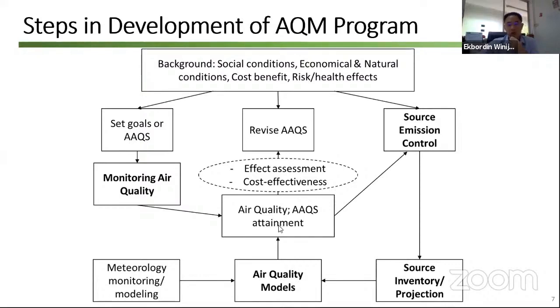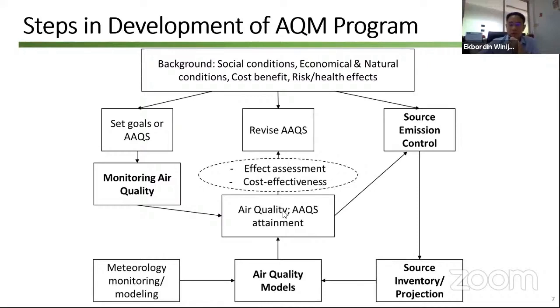Then you check whether it can attain the ambient air quality standard or not. And if it has already attained the ambient air quality standard, then maybe you need to think about whether we should revise the standard to be more tightened, like lower the level of the available standard, so that maybe we can control better in the system.